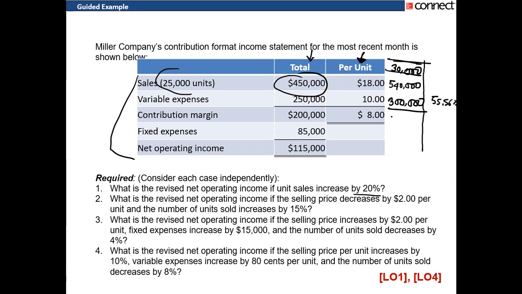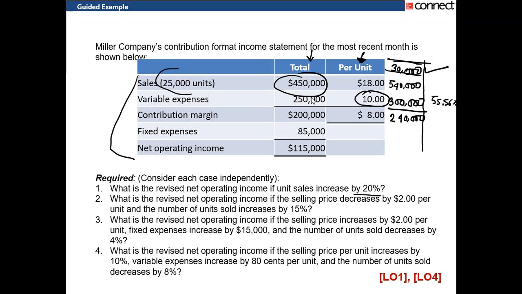So you see, it is to be 240,000 if we subtract the variable expense from the sales; we get the contribution margin. Alternatively, as you have the unit sales of 30,000 and the variable expense per unit of $10, you can multiply 30,000 by 10 to get the 300,000 variable expense.